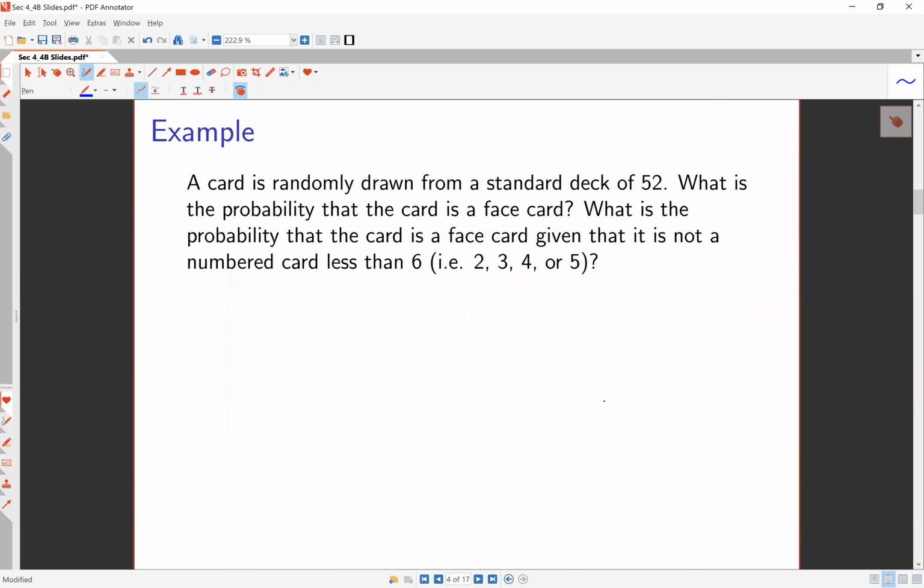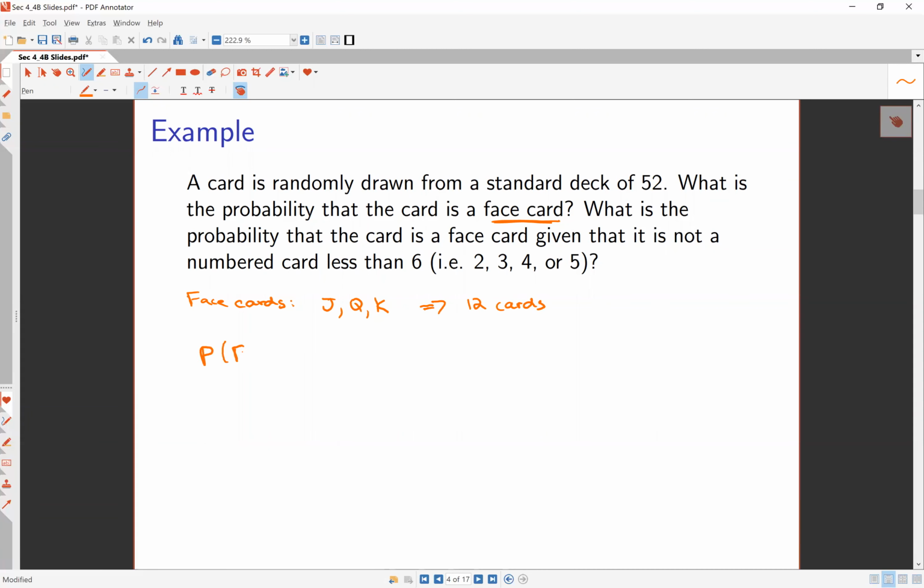Let's say I randomly draw a card from a standard deck of 52. And first thing I'm asking is just, what is the probability that it is a face card? Now, what are the face cards? The face cards are Jack, Queen, King. How many face cards are there in a deck? Well, there are 4 Jacks, 4 Queens, 4 Kings, and so there are 12 cards total in the deck.